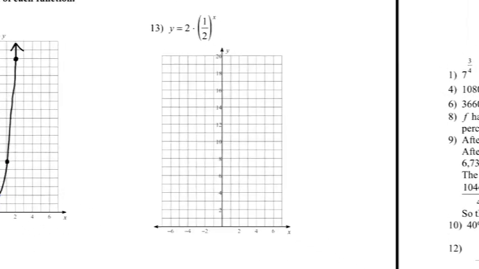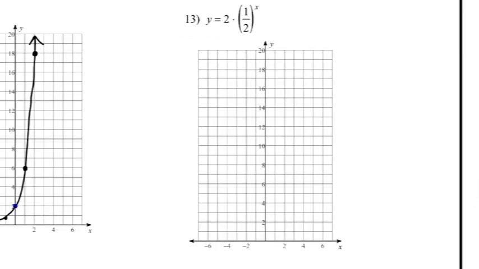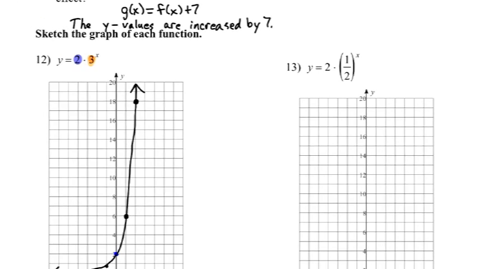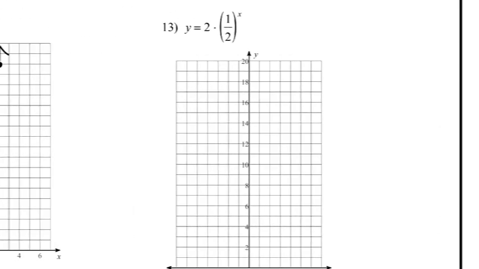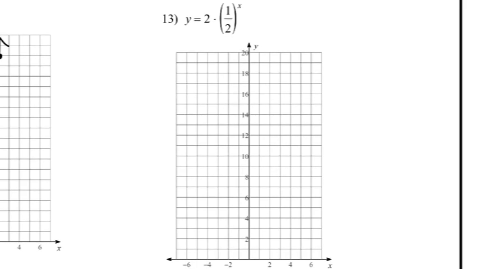All right, now here we have, notice that in this one our multiplier was greater than 1, so we were increasing. Here, our multiplier is less than 1, so we're decreasing. So what we have is our initial starting value of 2. That's right here.